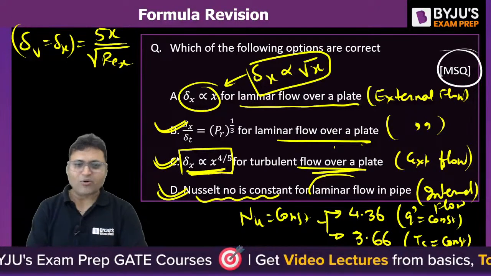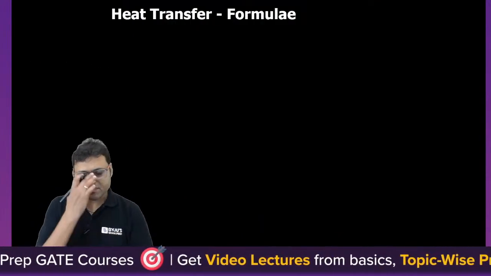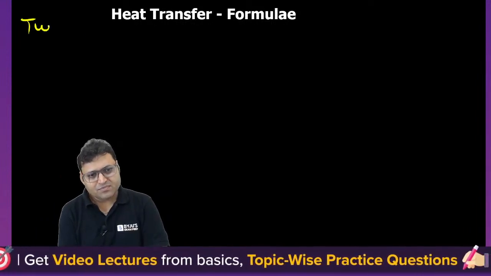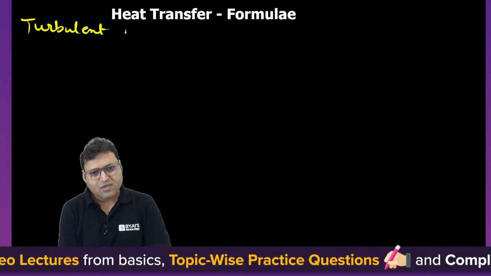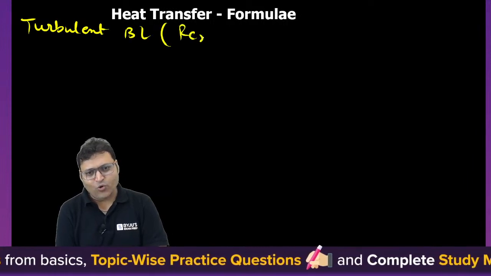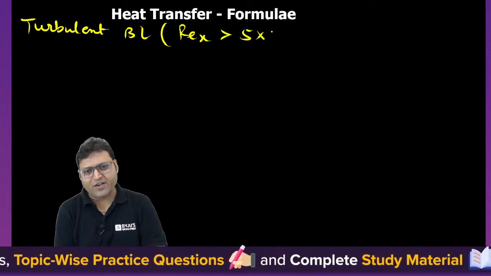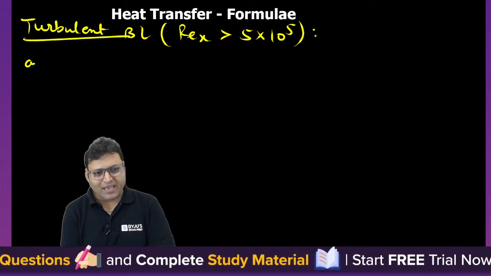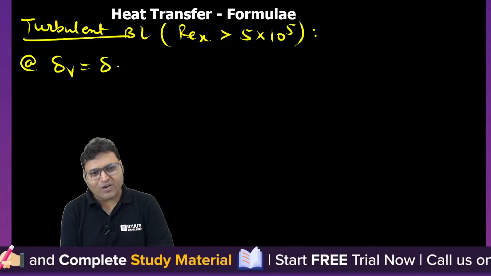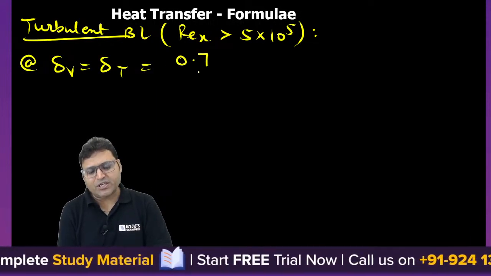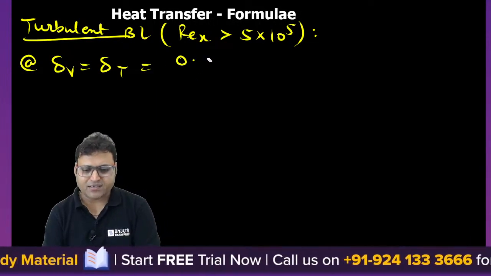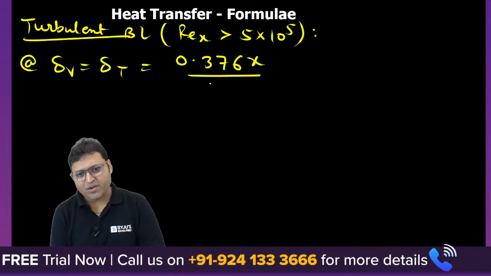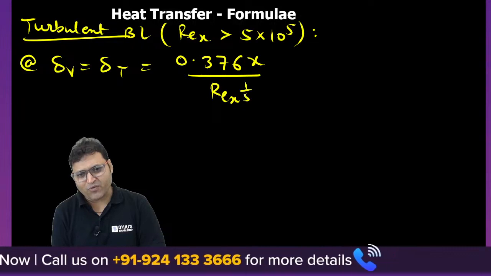So if we talk about the turbulent boundary layer over a flat plate, when the local Reynolds number is greater than 5 into 10 to the power 5, then the first formula is delta V is equal to delta T is equal to 0.376 x upon Rex to the power 1 by 5.